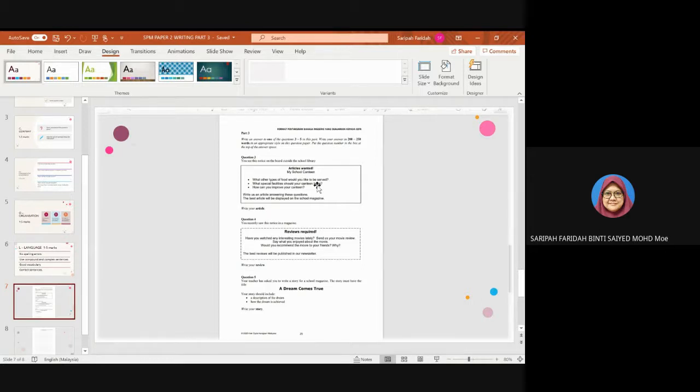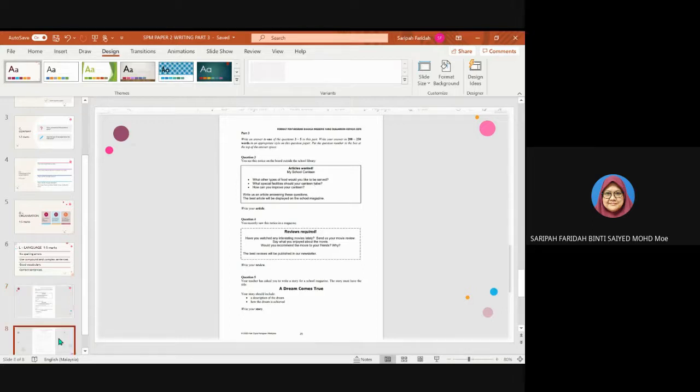Write your answer in 200 to 250 words in an appropriate style on this question paper. Put the question number in the box at the top of the answer space.